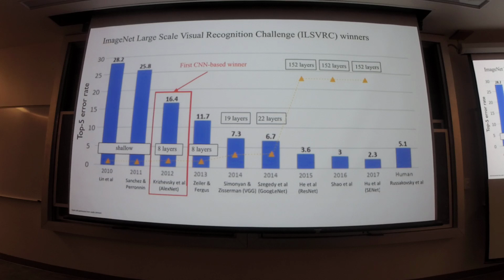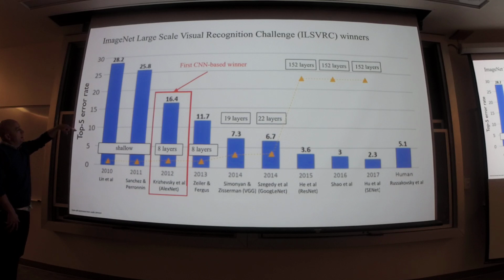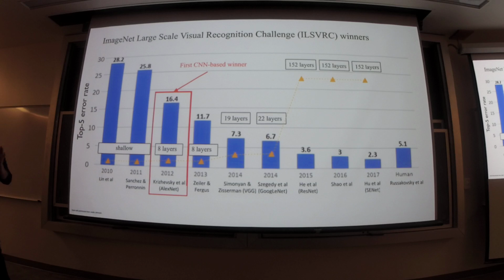The way this competition decided to measure how well these models were doing was to carve out a test set, and all the models would report on the top 5 error rates. If you look at the papers, they report on more than this. The top 5 error rate means the following. These are classification models. If you think about our softmax output, it's giving a probability to each class.